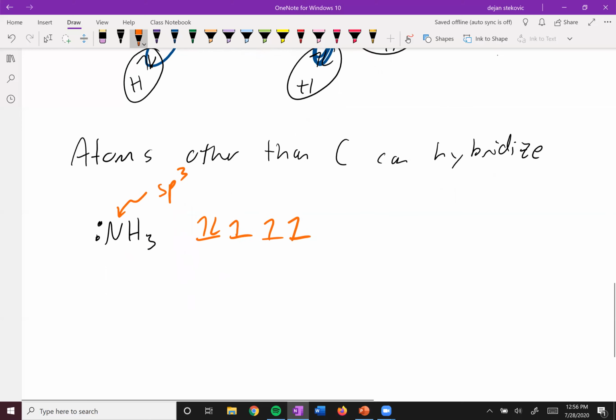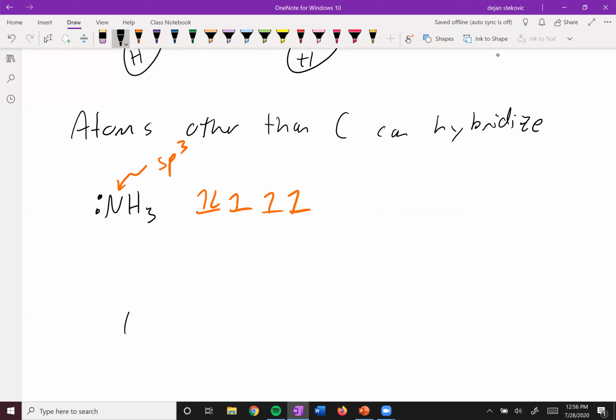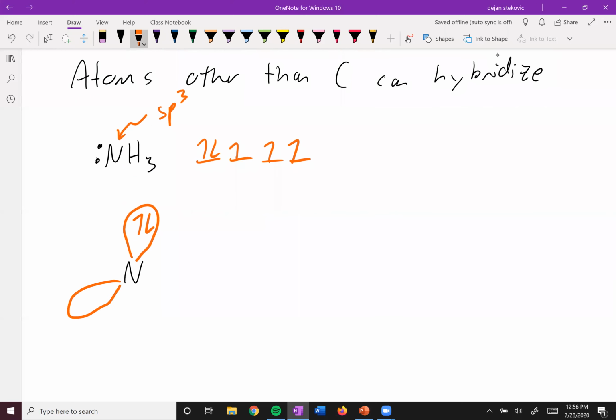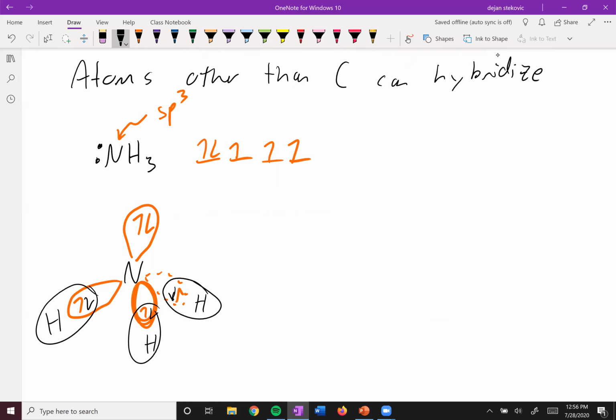We see one of these sp3 orbitals is filled, and that represents nitrogen's lone pair. Each one of the other sp3 orbitals only has one electron from nitrogen, and the other electron is supplied by the hydrogen. And then we get our trigonal pyramidal shape right here.